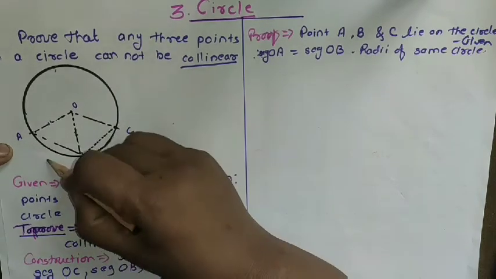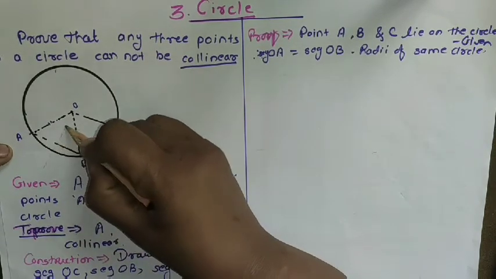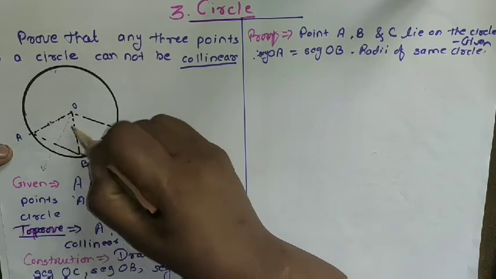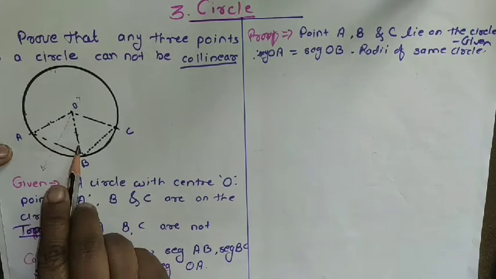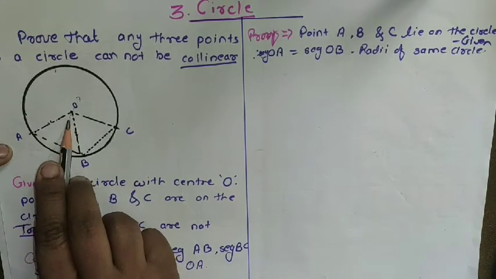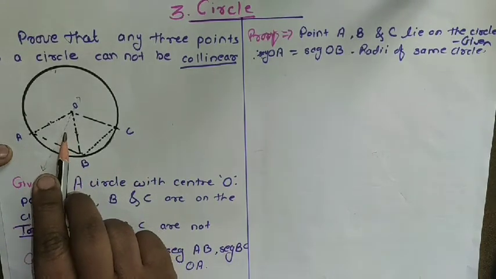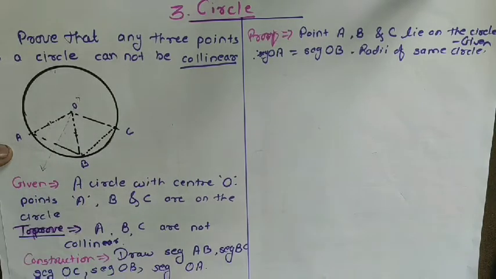So suppose I draw here the bisector. If OA is equal to OB, then point O lies on the perpendicular bisector of that segment. That is the perpendicular bisector theorem.